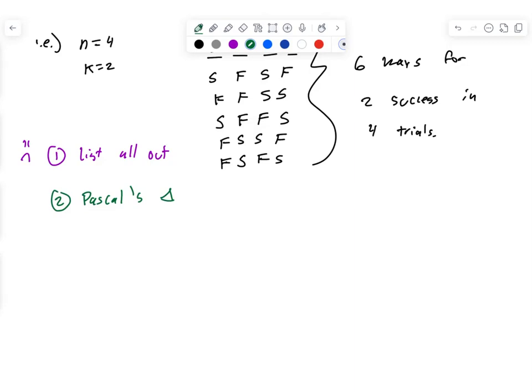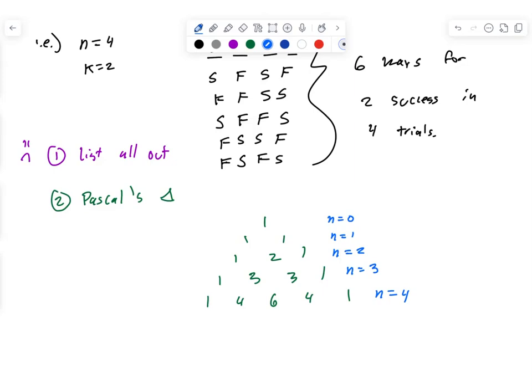So if you remember Pascal's triangle, it's 1; 1, 1; 1, 2, 1; 1, 3, 3, 1; 1, 4, 6, 4, 1. Now, this is n equals 0, this is n equals 1, n equals 2, n equals 3, and n equals 4.